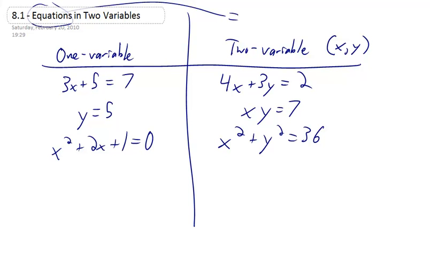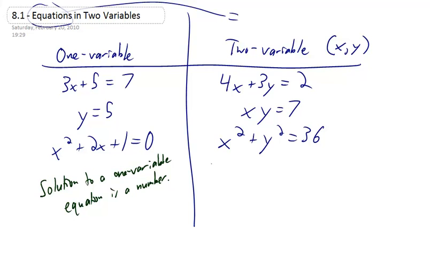So basically, on the left, I'd like you to write down something about the solution to a one variable equation. It is a number. It's a single number. Or I guess you could have more than one solution necessarily. For example, with a quadratic equation, you can certainly have more than one.